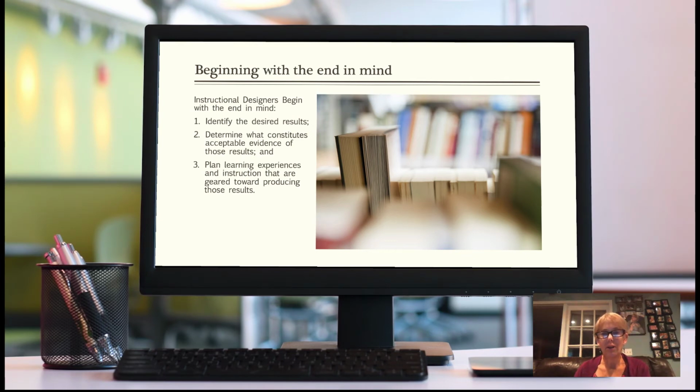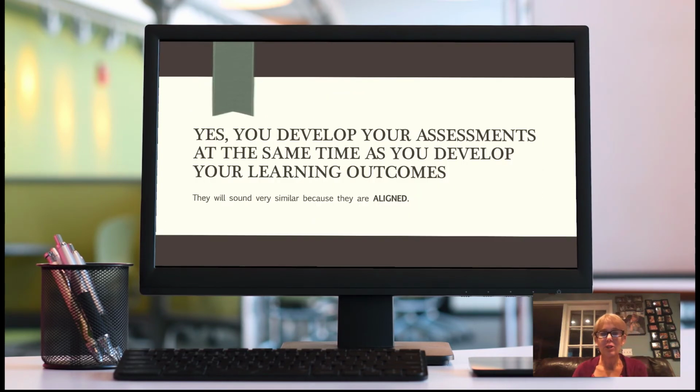So, some of you used instructional strategies in part 1, and that doesn't belong in part 1, in the learner analysis. That goes in part 2, and we'll talk about that as you start working on part 2. So yes, you develop your assessments at the same time as you develop your learning outcomes. I know it sounds crazy, but that is the process.